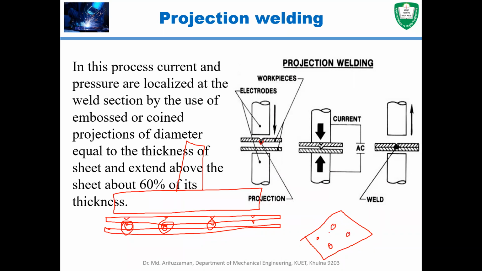You can get the four spot welds at the same time, instead of using spot welding, where you have to do the welding four times: first here, second here, third here, fourth here. Instead of doing it four times, you can do it at the same time if you produce projections in those locations where you want to do the welding. Any question?